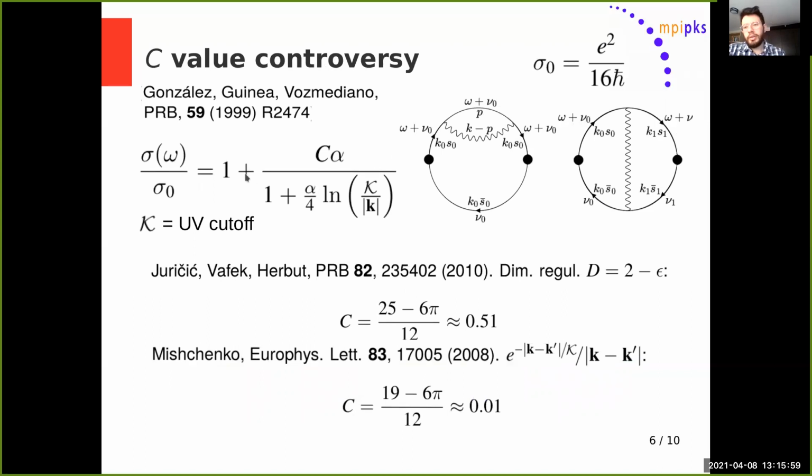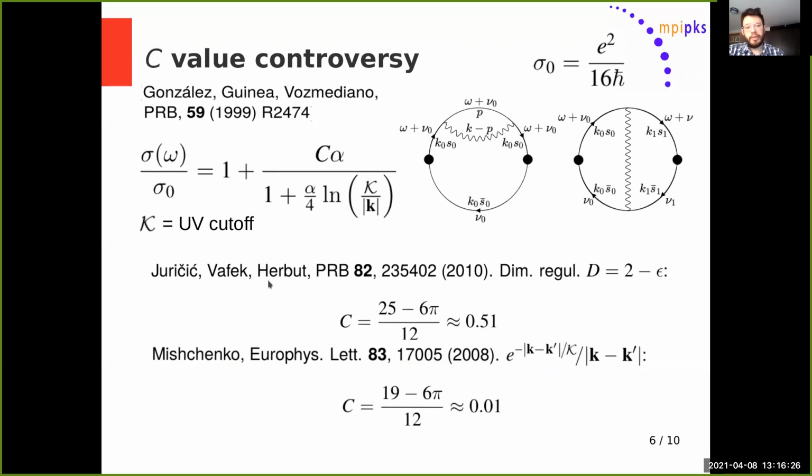So at first order, we can understand it as 1 plus C times alpha. But by taking into account other contributions of higher order, we obtain this full correction, which is actually the correction to the Fermi velocity. But let's focus only on this part for the first order. There are two proposals.